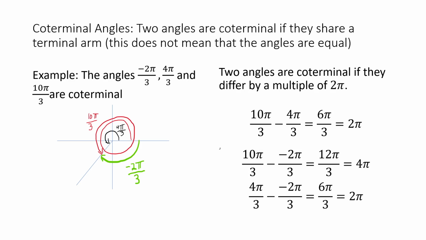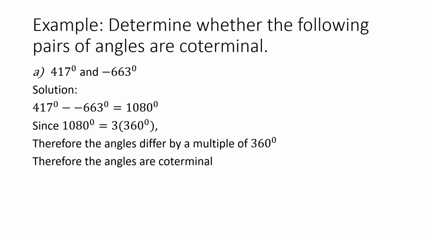So we see that the red angle minus the black angle is equal to 2 pi. And similarly, every other subtraction nets a multiple of 2 pi radians. So these are all coterminal. None of those angles are equal, but they all happen to share a terminal arm, so we call them coterminal.